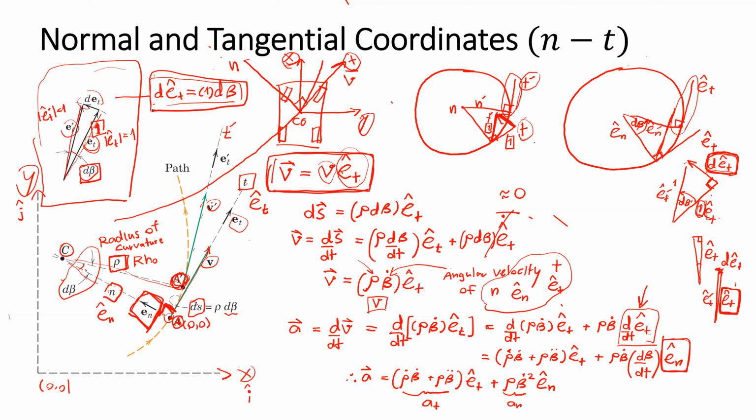In the original state, the unit vector is in the direction of the velocity. After the time passes, the velocity changes direction.